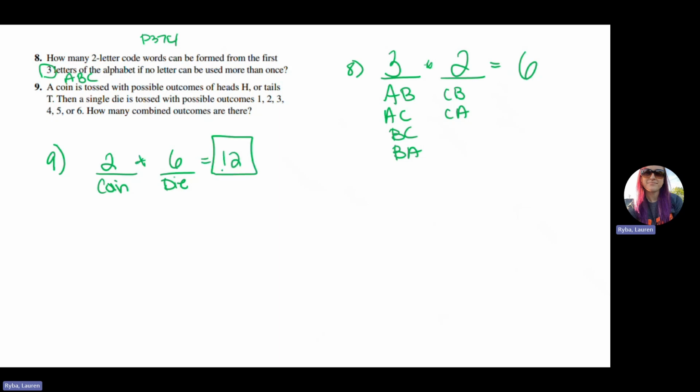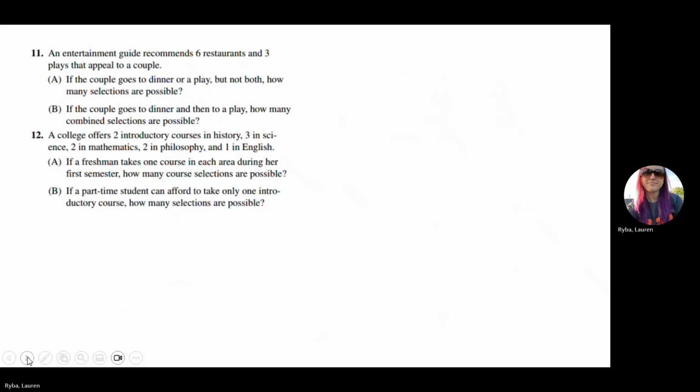Multiply for a total of 12. Just to show you, head 1, head 2, head 3, head 4, head 5, head 6, tail 1, tail 2, tail 3, tail 4, tail 5, tail 6. Those are all 12 of my possibilities. Look familiar from statistics for those of you that took this before?